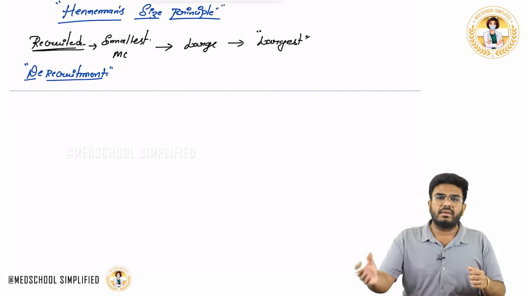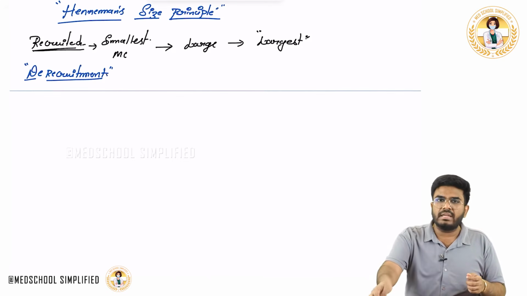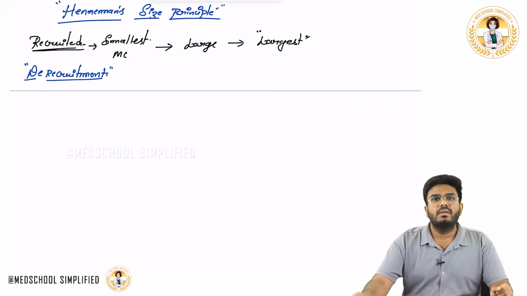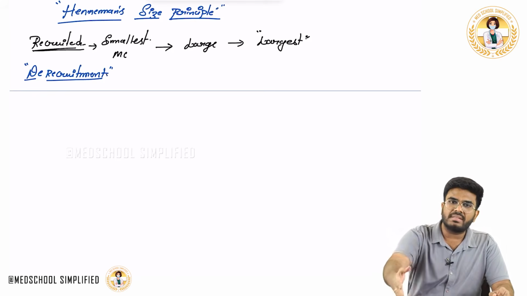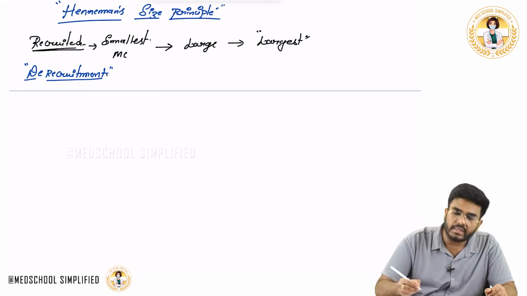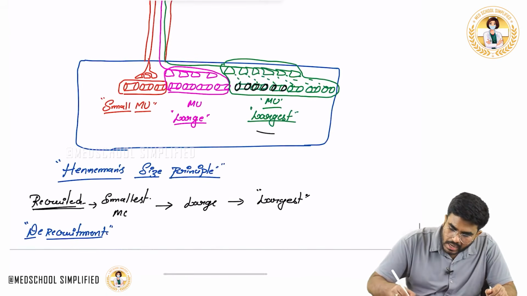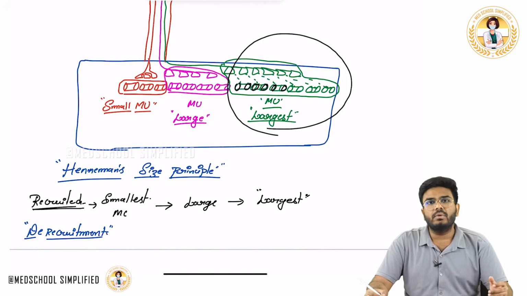Less force is required, less tension is required. You are relaxing and leaving things, just keeping the boulder away, or keeping the weights away. So the first to be de-recruited is the largest. The largest motor units are de-recruited.